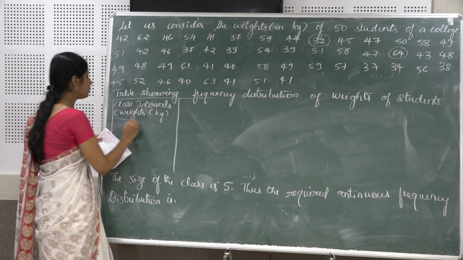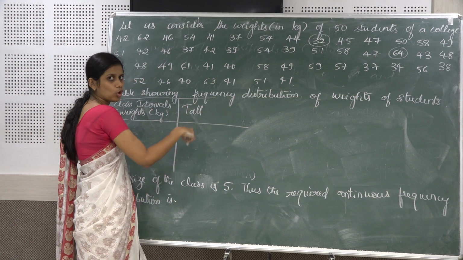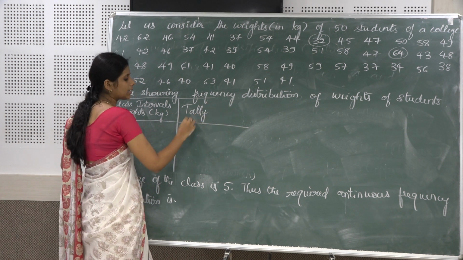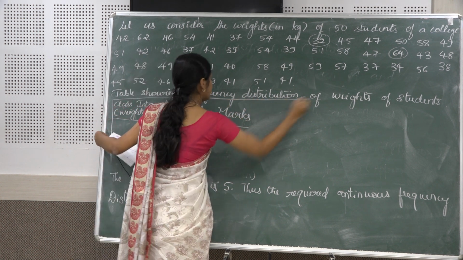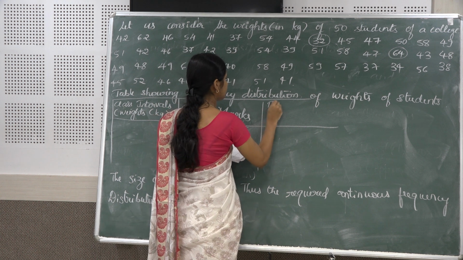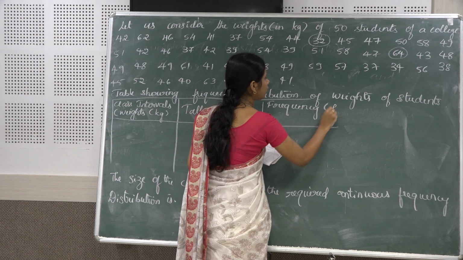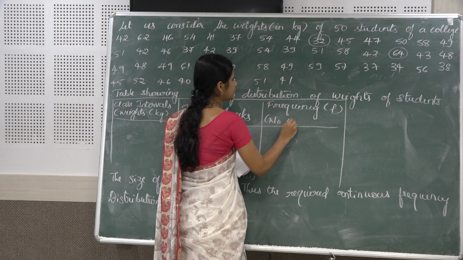The next column will be tally marks, where we mark a stroke in front of each class interval where the value lies. The next column is frequency. Frequency is denoted by small letter f, and here it denotes the number of students.